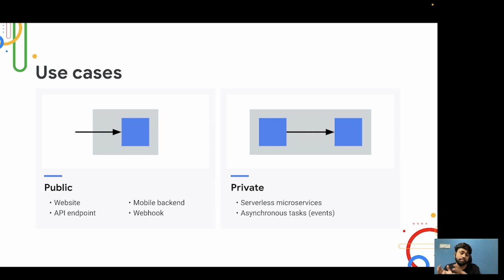Also, if you are working in a private domain where you don't want to expose your Cloud Run application to the end user, and you want to do internal communication or internal API development, or build microservices which are utilized inside your application, you can feel free to build these kinds of use cases using Cloud Run.